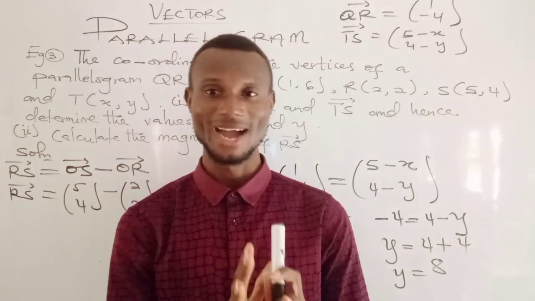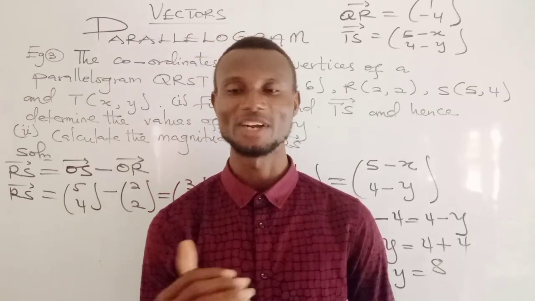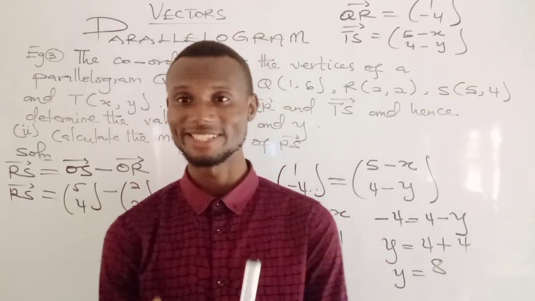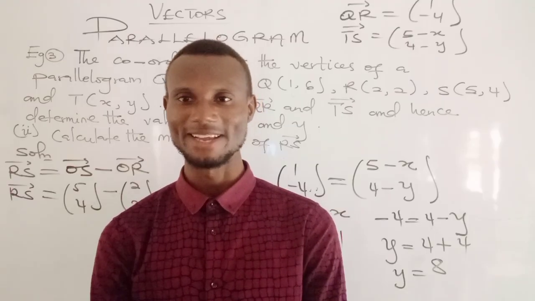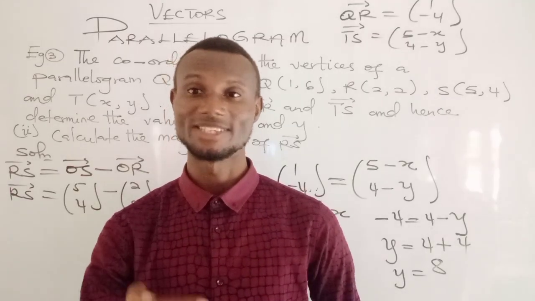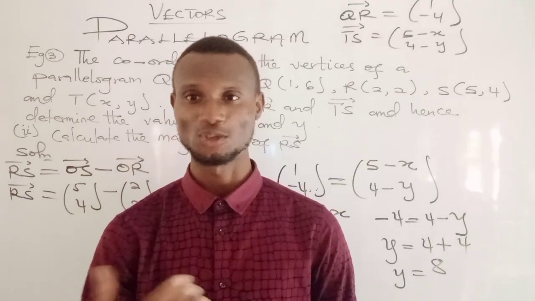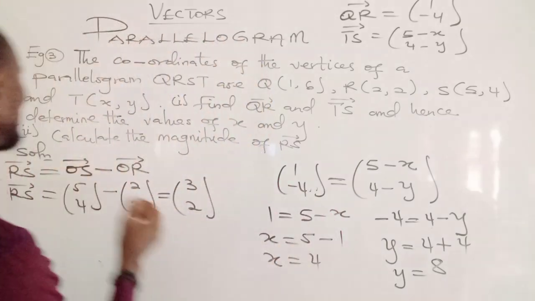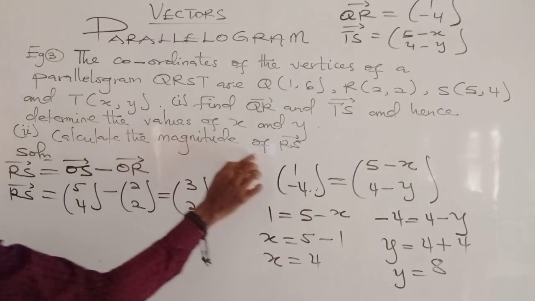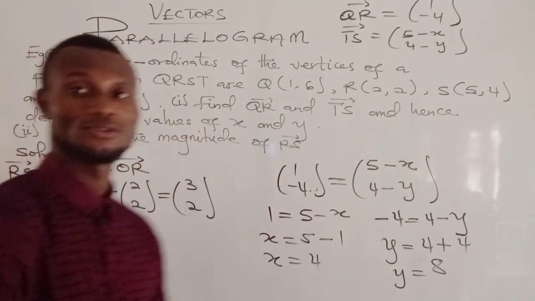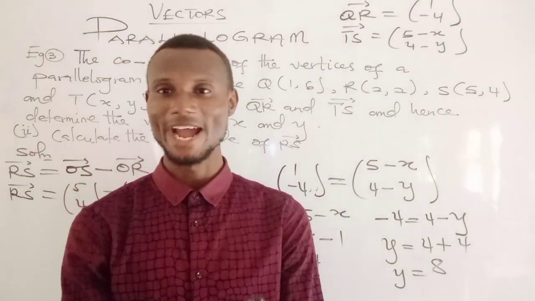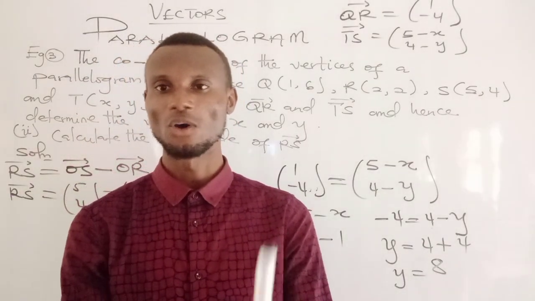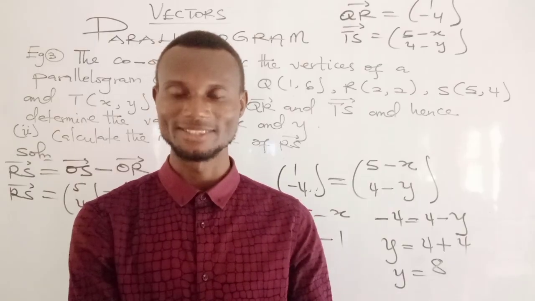I hope you understand up to this point. Now we can proceed and find the magnitude of the vector RS, because that is what the question is asking us to find. The question says we should calculate the magnitude of RS. So now that we've gotten the vector RS, we can proceed and find its magnitude.